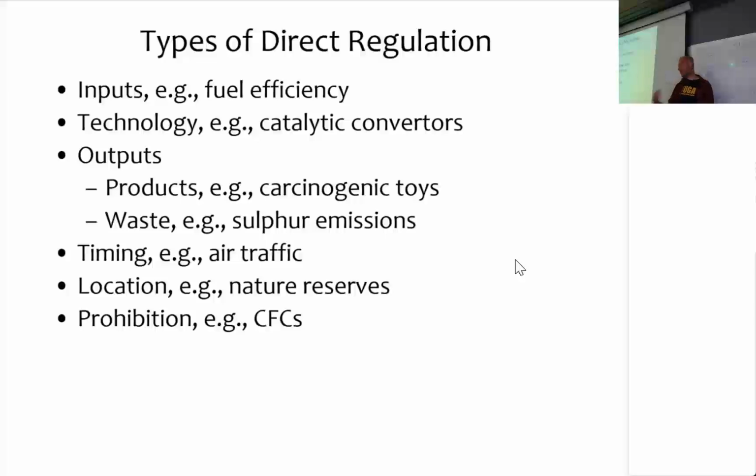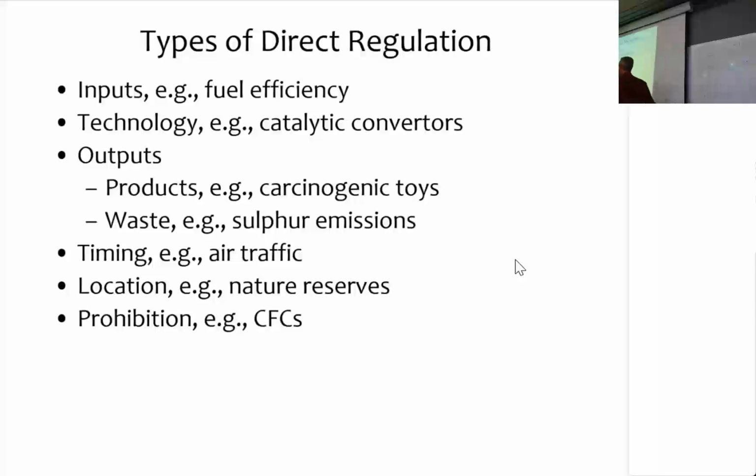And if the toy is carcinogenic, then you have kids with cancer, and we don't like that, right? So it's a perfectly sensible regulation that you can't have certain chemicals in certain paints that are meant for very young people, right?